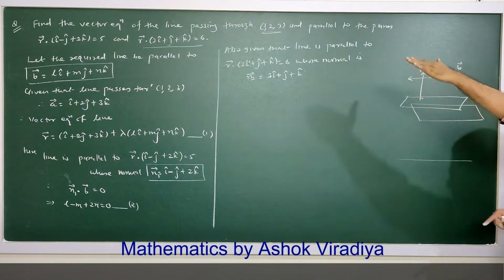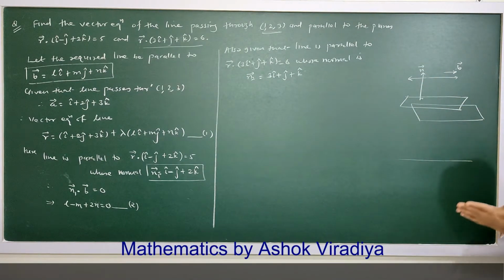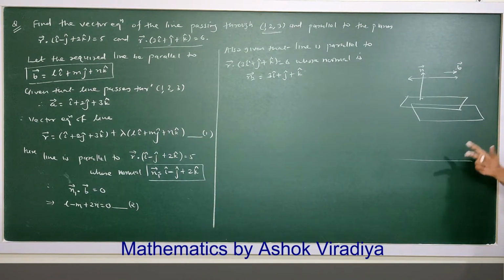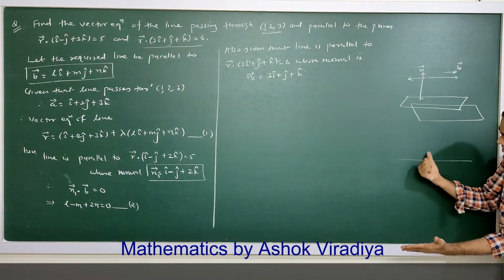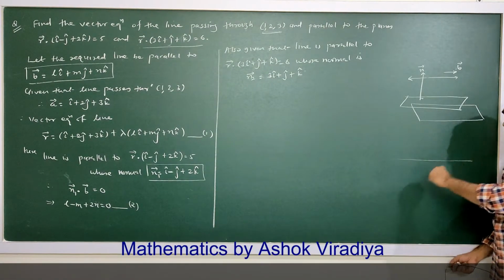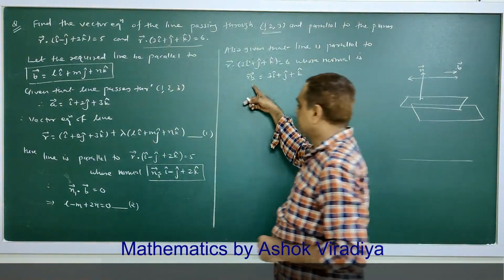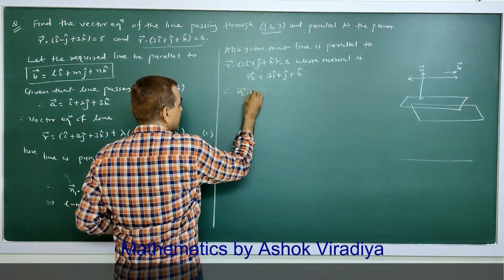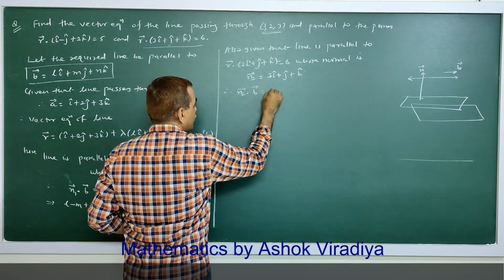The plane at this level is also parallel to this line. So there are many planes, but every time the normal to the plane will be perpendicular to the line. So here in this case also, the dot product of the normal to this plane and the direction of the line is 0.